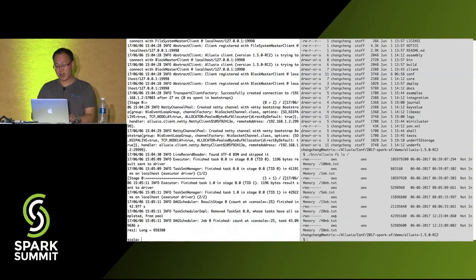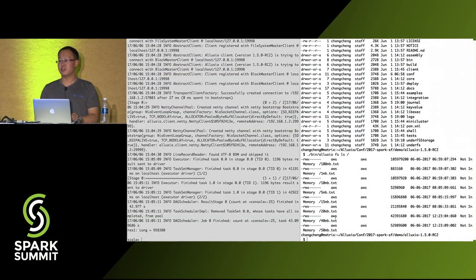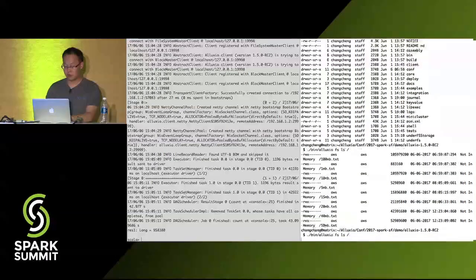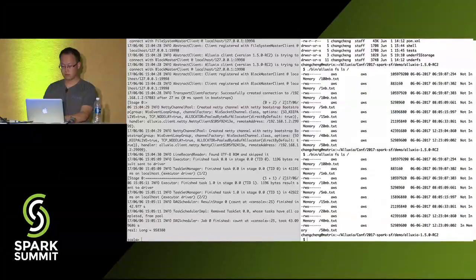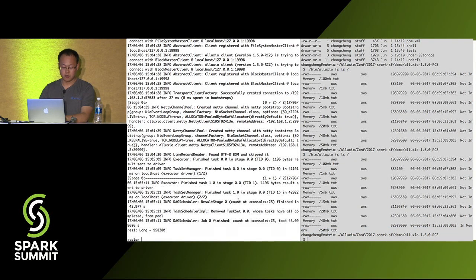So now, let's verify that the data is really in Alluxio's memory by running the same ls command. You can see that the 50 megabyte text file is in memory now. So if we rerun the job again, then the file will be read directly from the local Alluxio cluster.